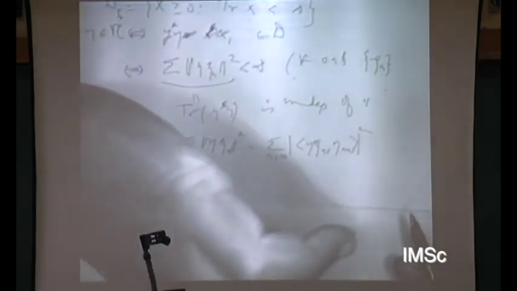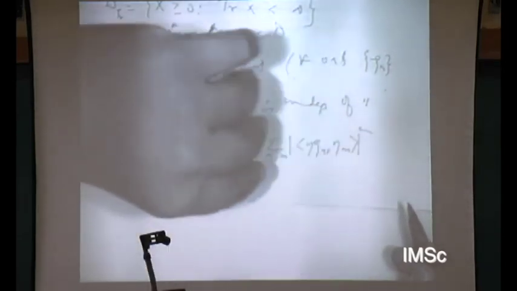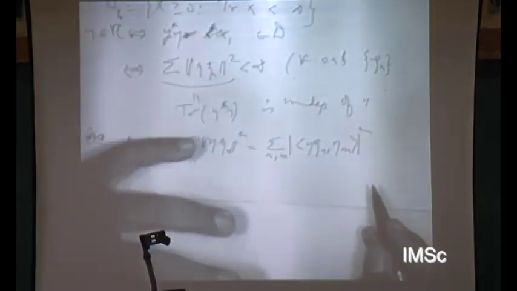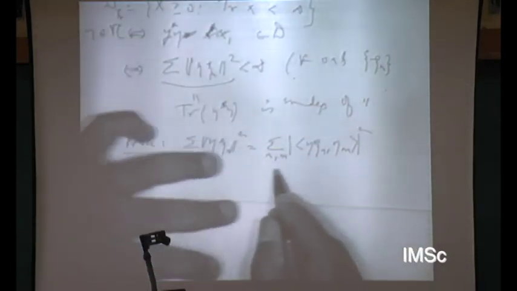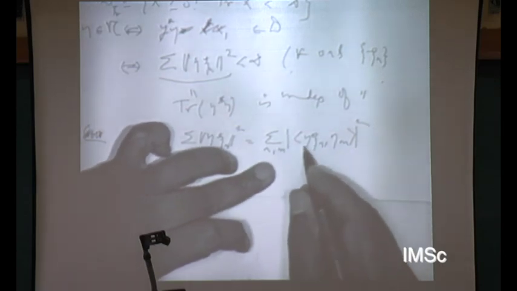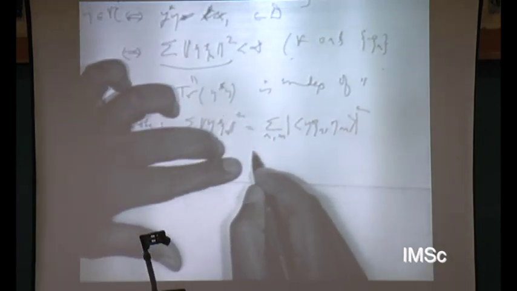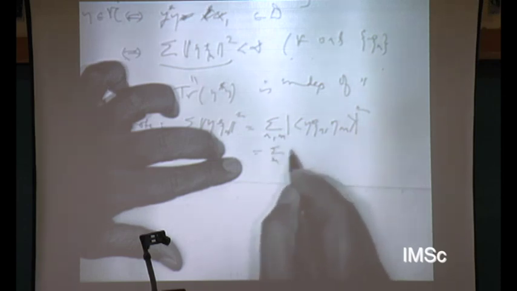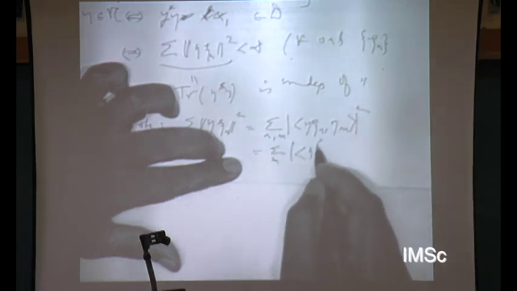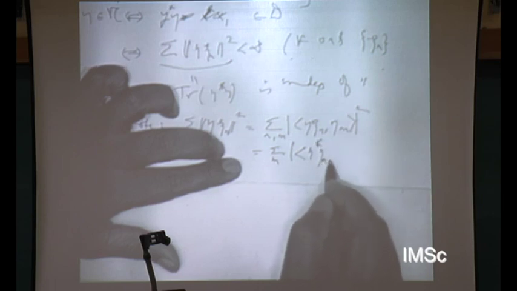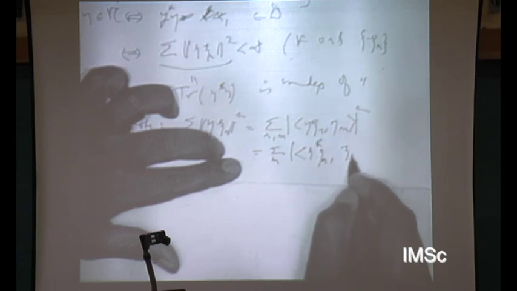Now, by the same kind of thing that I did before, the double sum will be convergent by Cauchy-Schwarz like before. And so if you write it the other way, if you sum over m and n, you take sum over m and then you take this y star here to the other side. And because you have an absolute value, you can think of this as sum over m of y star eta m norm squared.